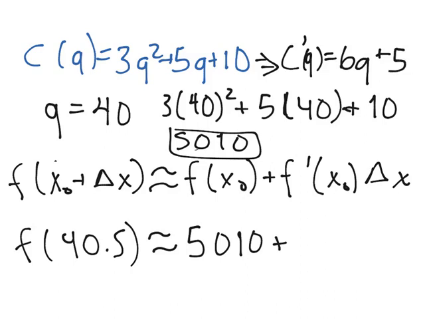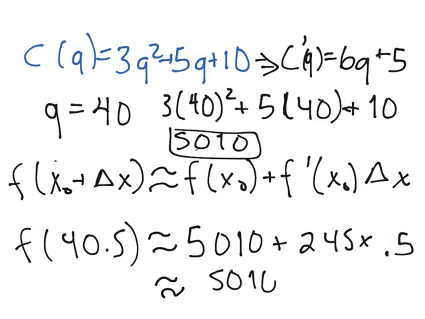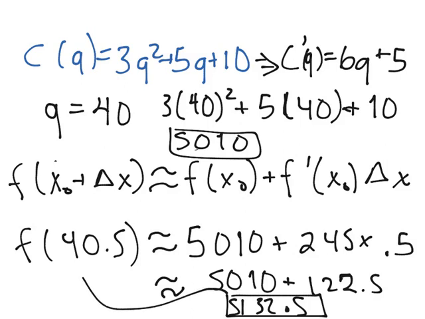And so 6 times 40, that's 240, so 245 times 0.5, which was our change. And so this is approximately equal to 122.5, right? And so 5010 plus 122.5 is 5,132.5. That is approximately what the cost would be.